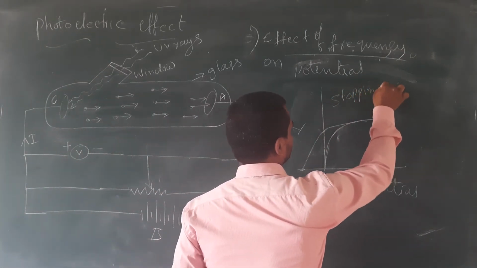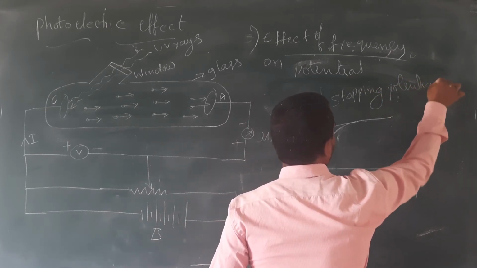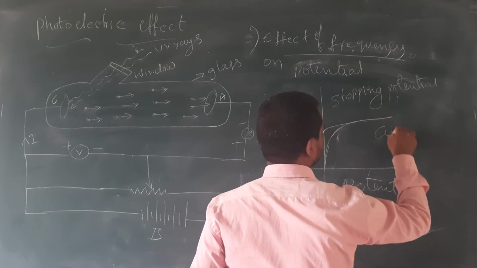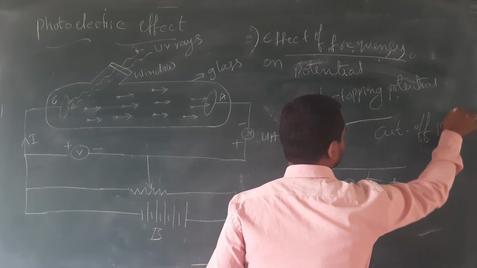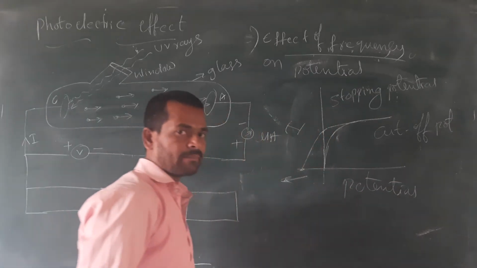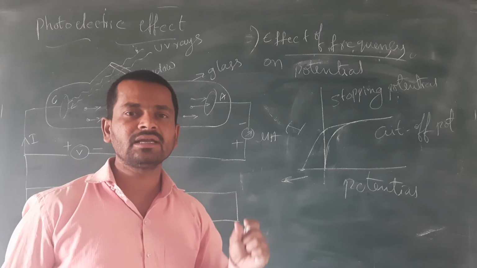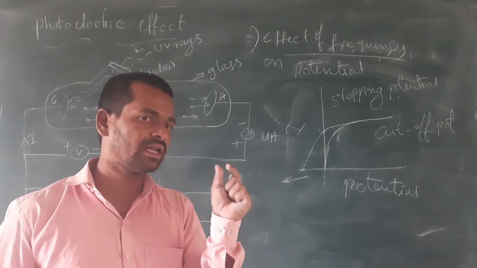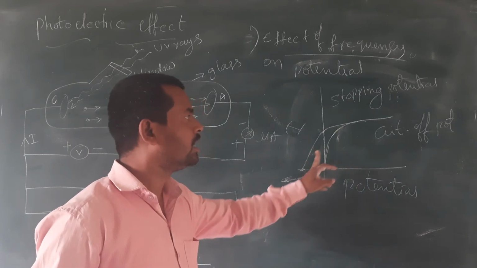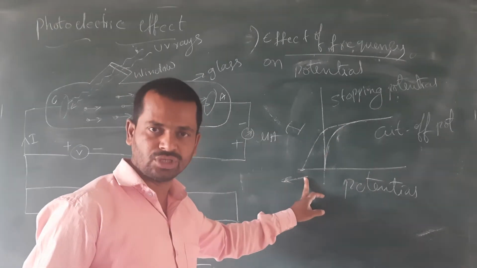Stopping potential or cut off potential. Stopping potential or cut off potential means that at a particular value of negative potential, the photo current becomes zero.